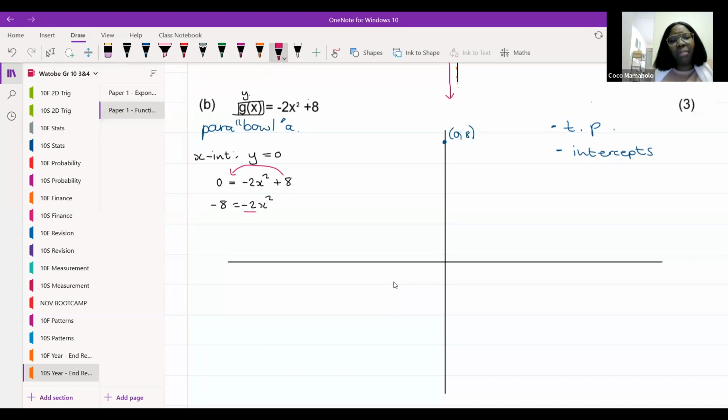Correct. Yes, we're going to divide both sides by negative 2. Then what do I get on this side? It's going to be 4 equals x squared. Good. Next step. Square root. Good. We're going to square root. Therefore, x is equal to what?